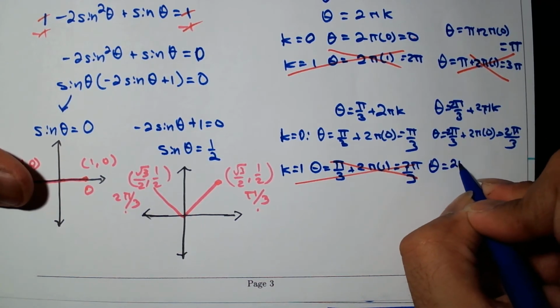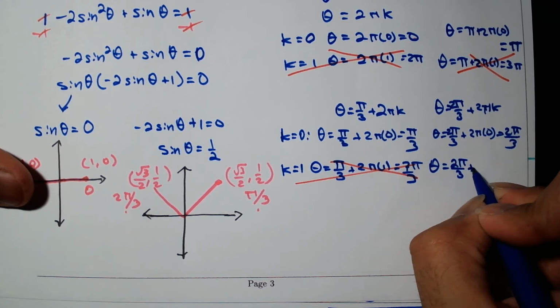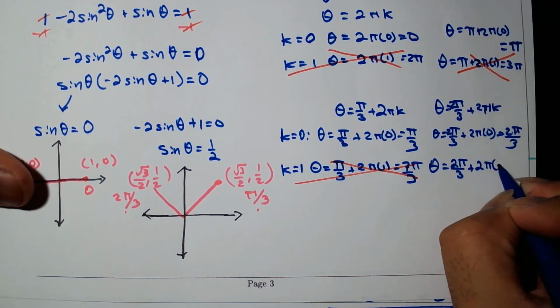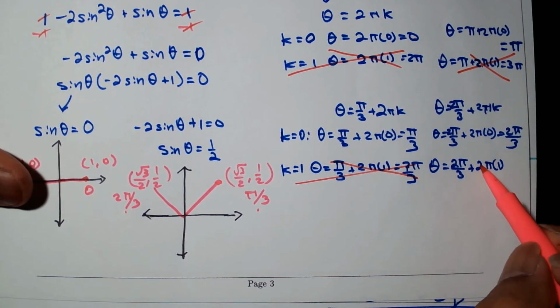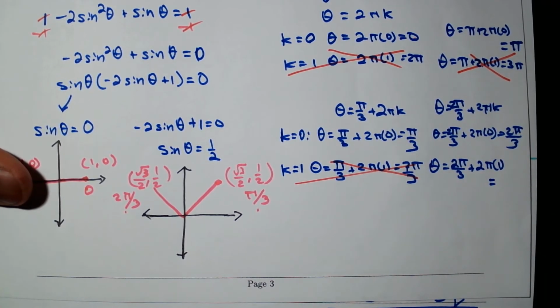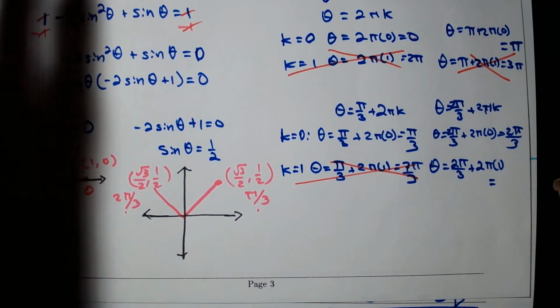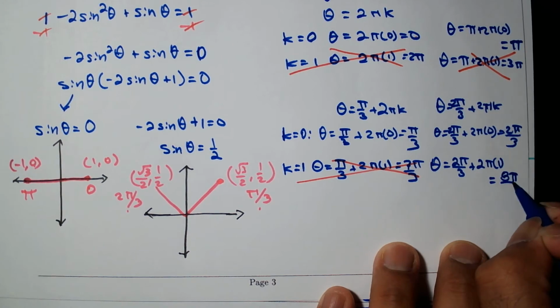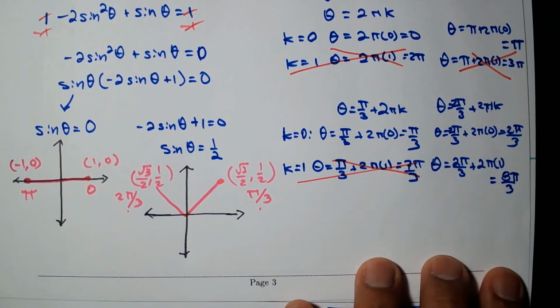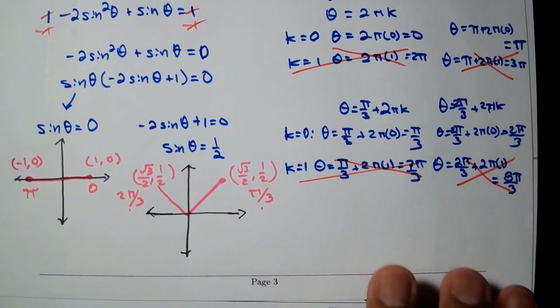Theta equals 2 pi over 3 plus 2 pi times 1, and that's going to give us, well, 2 times 3 is 6 plus 2, that's 8 pi over 3. And again, clearly this solution is outside of the range.